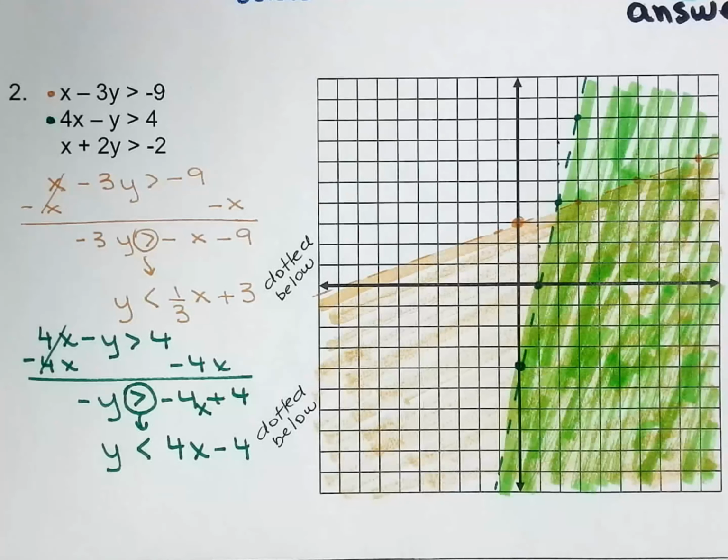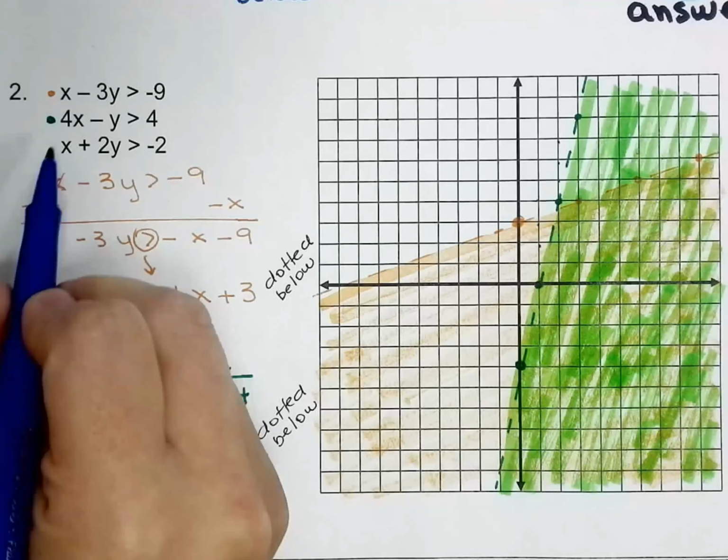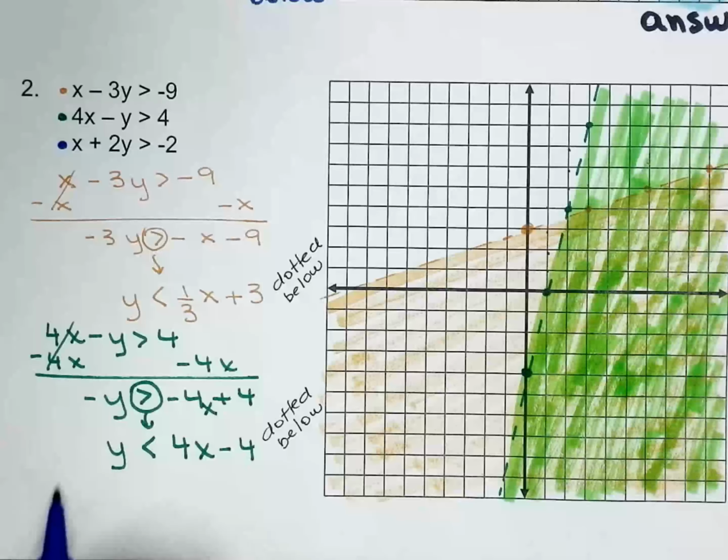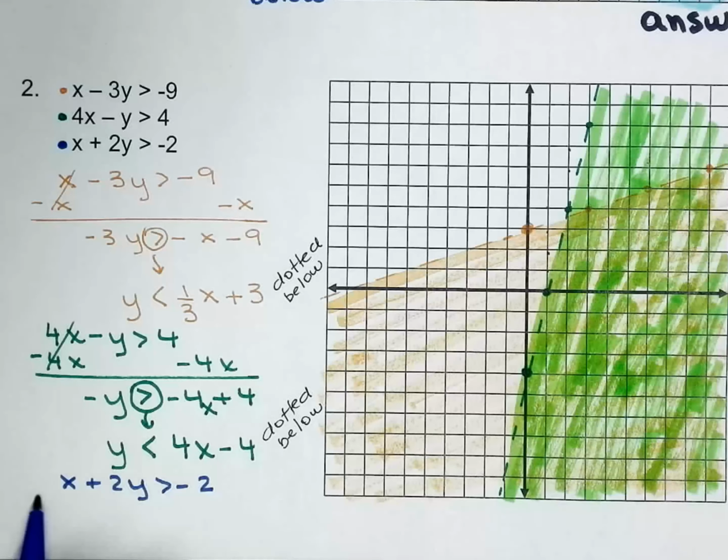One more. So this one is going to be blue. So I have x plus 2y is greater than negative 2, minus x on both sides. I have 2y is greater than negative x minus 2.